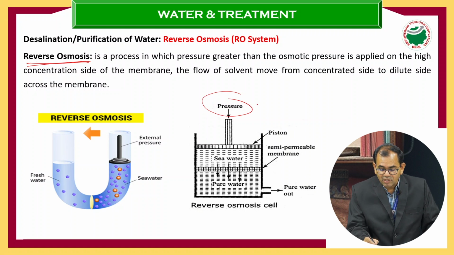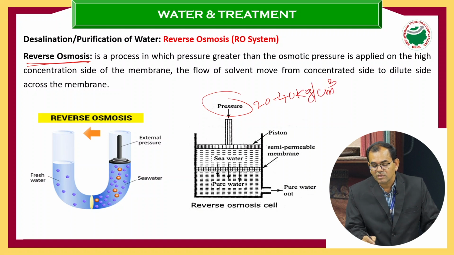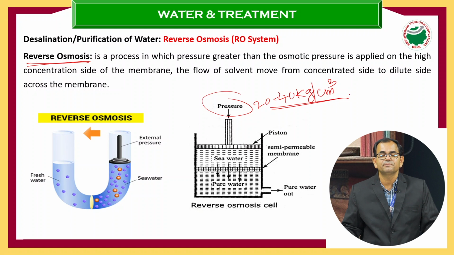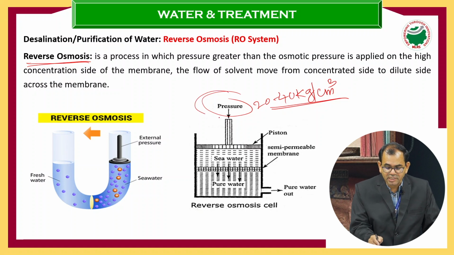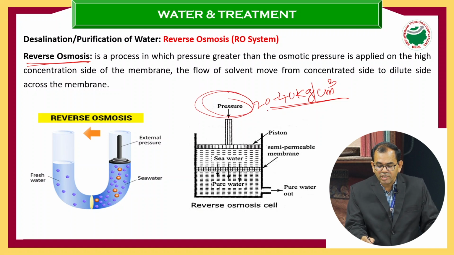How much pressure? 20 to 40 kg per centimeter cube. This much pressure we need to apply to make the ions flow from high concentration to low concentration.